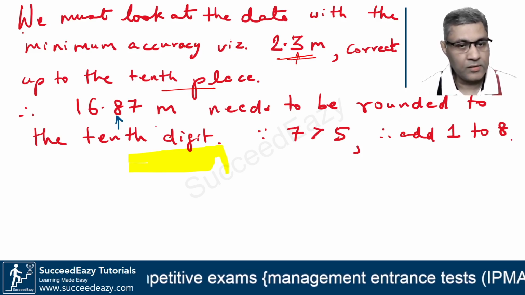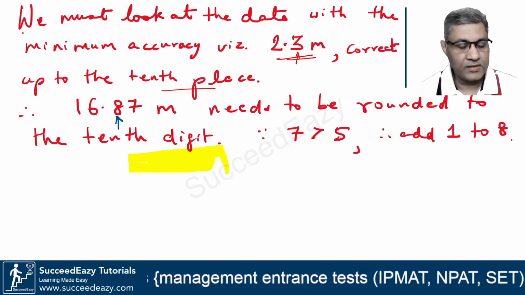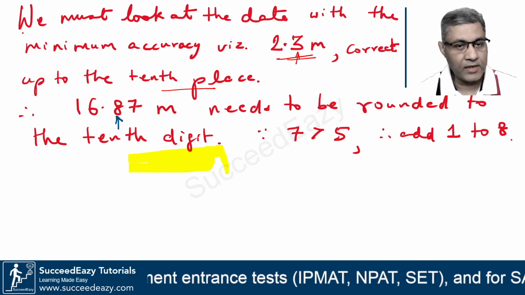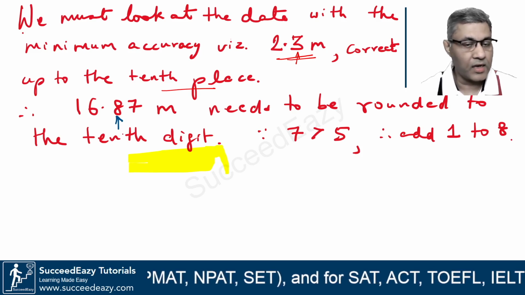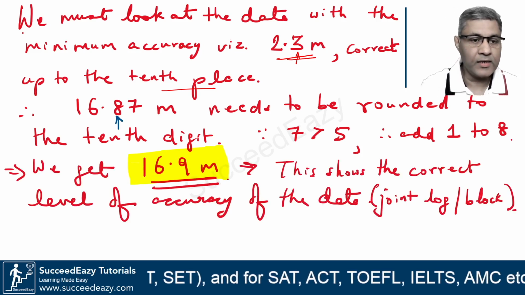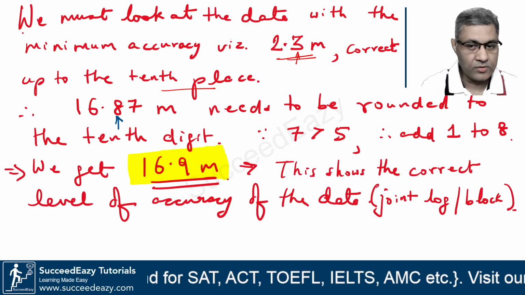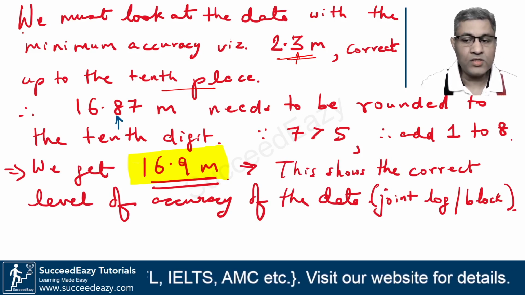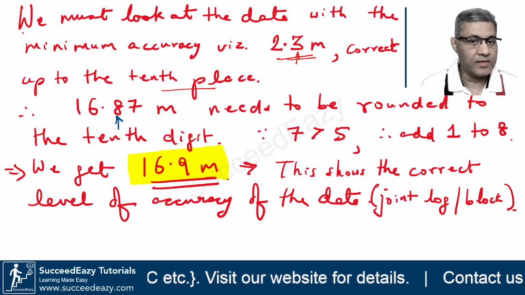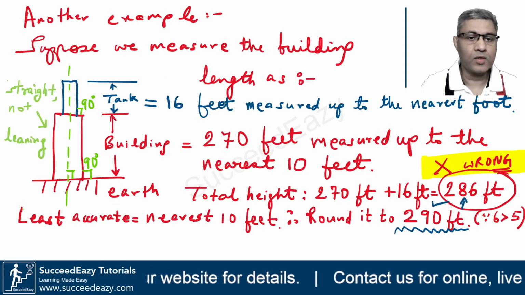Now how do we round it? By the normal rounding rule, the digit next to 8 is 7. 7 is greater than 5, and therefore we add 1 to 8, that is, we round it up. So what do we get? We get 16.9 meters. This shows the correct level of accuracy of the joint log or block's length, right? Clear? Okay.